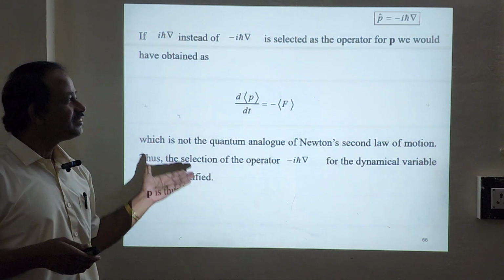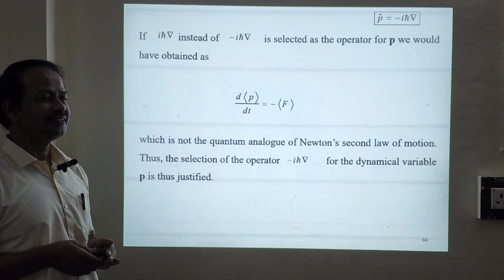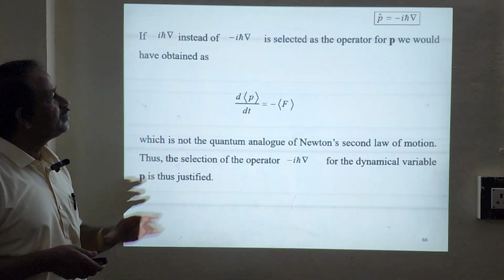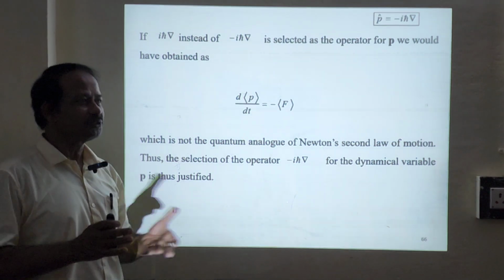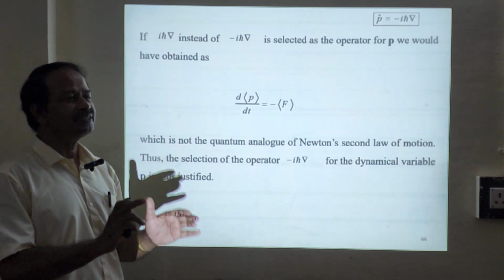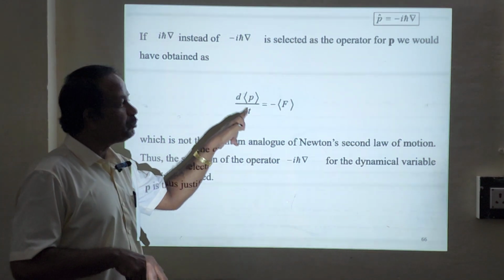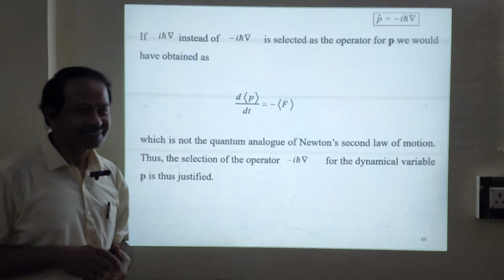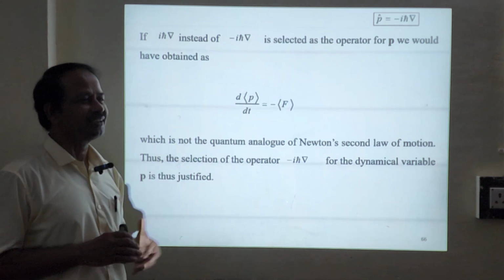The slide clearly says that p should be minus iħ partial d by dx. Suppose we think, if you are going to keep p equals plus iħ del, then you will get the answer as dp by dt equals minus F, which doesn't exist. It has no meaning at all.